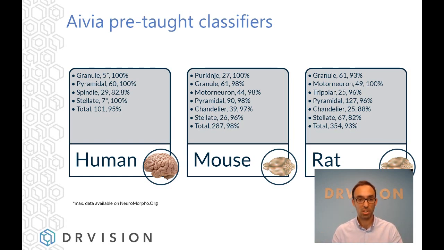In 5.1 they're also there, so you can just load your data set and apply a classifier that we have taught here and validated. You can also augment that classifier and add your own examples. If you're doing mouse work, you can add examples of Purkinje cells or granule cells, and so the classifier becomes more attuned to the types of morphology that you tend to see in your experiments.